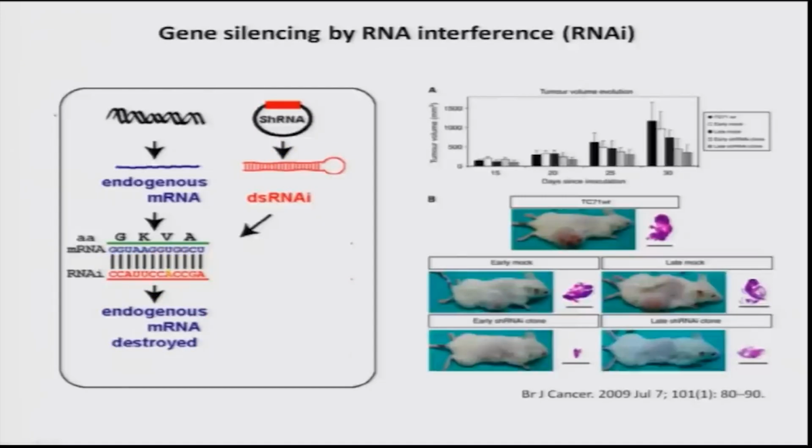You can make either a duplex of RNA, an RNA duplex, and introduce it inside the organism or the cell, and the RNA is targeted, or you can make constructs which keep on making such an RNA duplex, and then the cell is able to degrade the target sequence, right. So, this again has wider applicability.